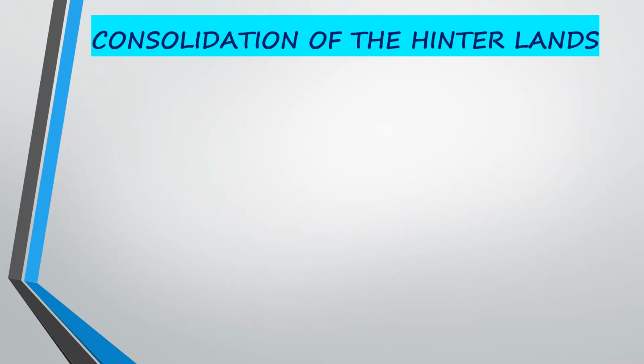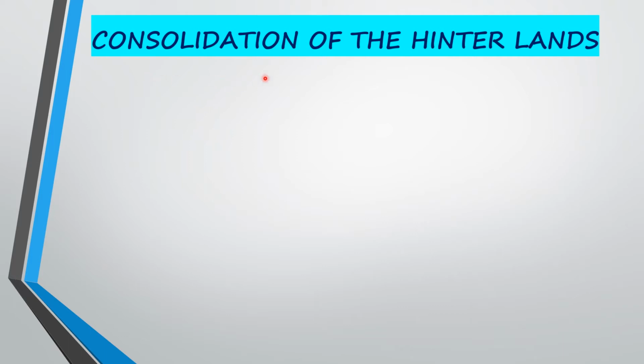Consolidation of the hinterlands. All this time we understood that because of the remote hinterlands, the Delhi Sultans were not able to bring them under direct control. The consolidation started to give them great control over all the cities and states under the sultan's power.